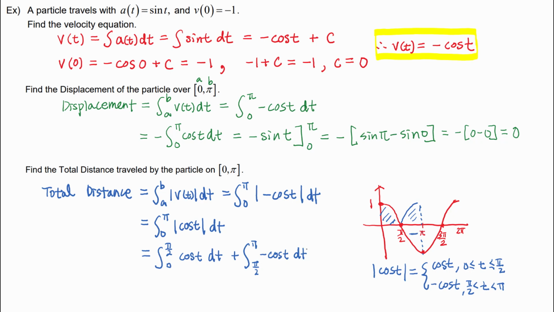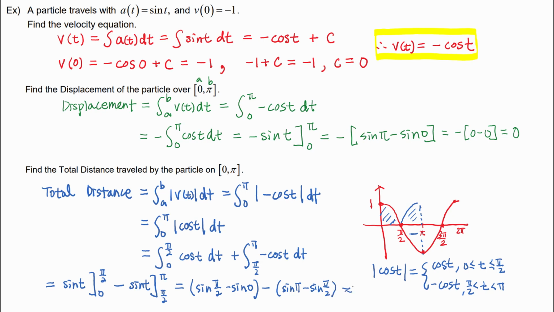So then this is going to be equal to, what's the integral of cosine t? It's sine t, going from 0 to pi over 2, plus, it's a plus, but we can pull out the negative since it's a constant multiple. So it's a negative. And the integral of cosine t again is sine t from pi over 2 to pi, which is equal to the first part of the evaluation: sine of pi over 2 minus sine 0, minus, sine pi minus the sine of pi over 2.